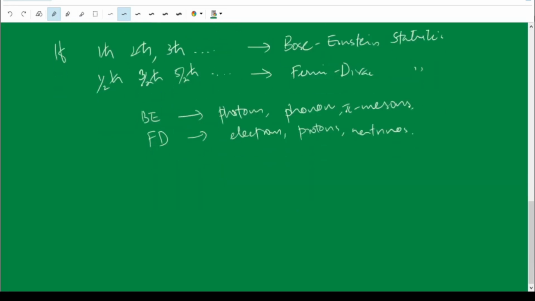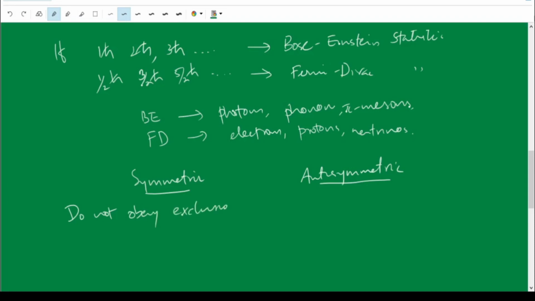So first, symmetric wave function, antisymmetric wave function. Such particles do not obey the exclusion principle.